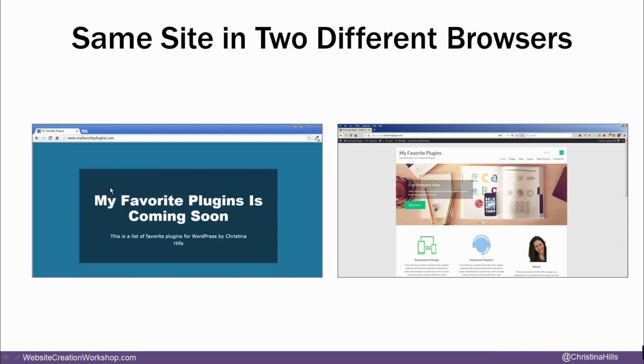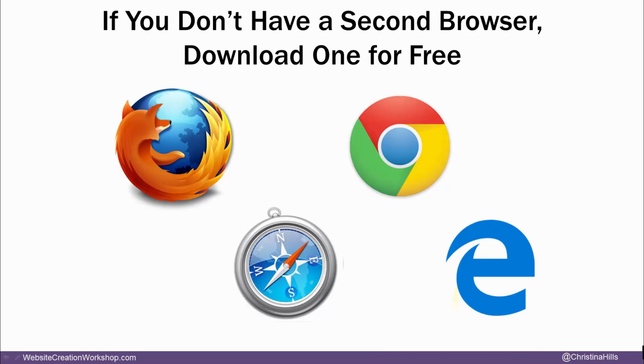So in one browser, I can see what it looks like outside to the world, and then in another browser, I can log in and work and build on my site while people don't see it. If you don't have a second browser, you can download one for free. So these are the different browsers you can download, and I'm going to show you where to go to get them.